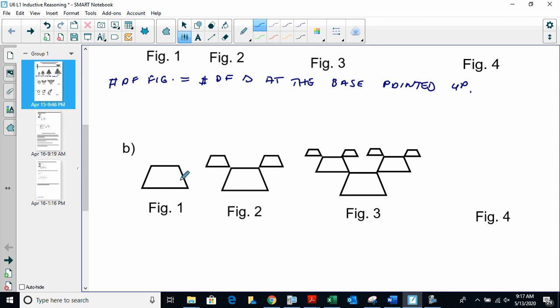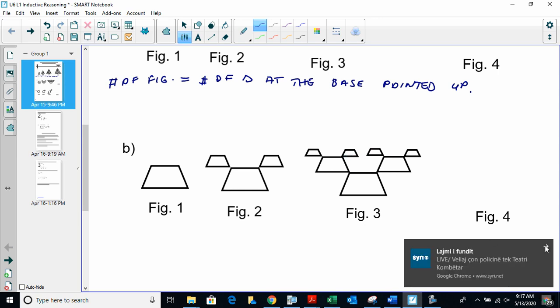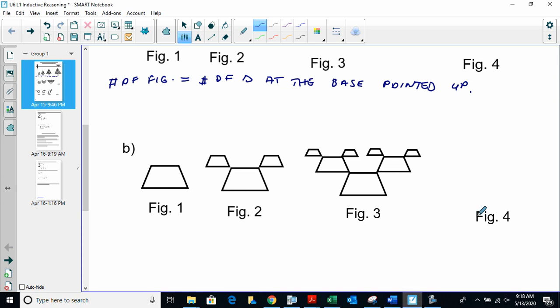As you see on figure 1, we have a trapezoid, and then at the top part of the trapezoid, we have 2 small trapezoids, and then at figure 3, at each of them we have 2 others. So at each of the upper points of the trapezoid, we have 2 other trapezoids.